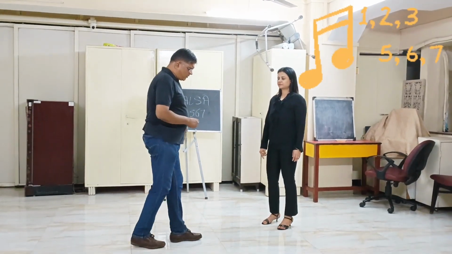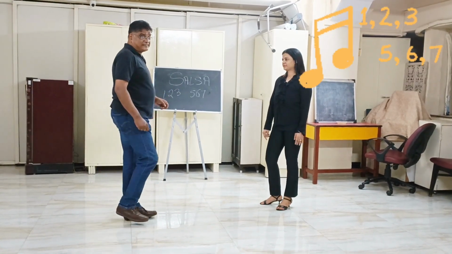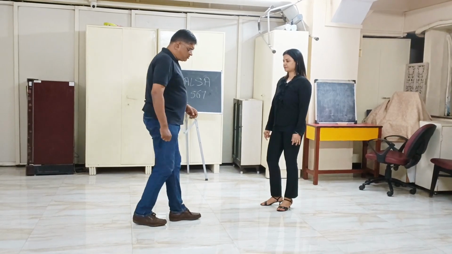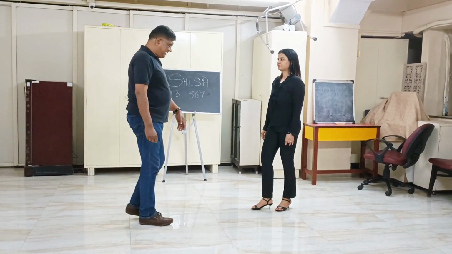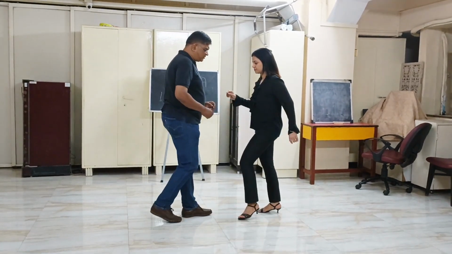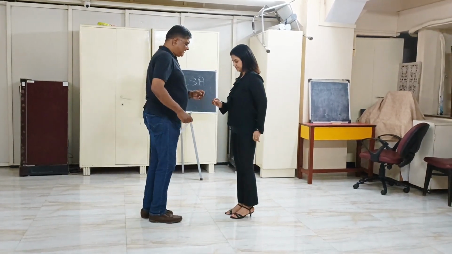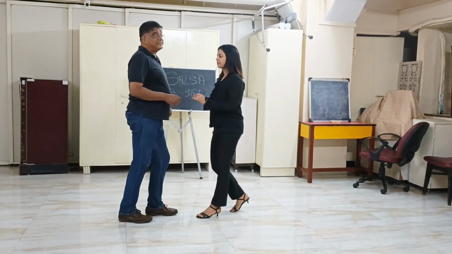It's 1, 2, 3, 5, 6, 7. The left leg would move forward 1, 2, 3, and the right leg would move back. Now for the ladies, the right leg would move back 1, 2, 3, 5, 6, 7. Again we go 1, 2, 3, 5, 6, 7.